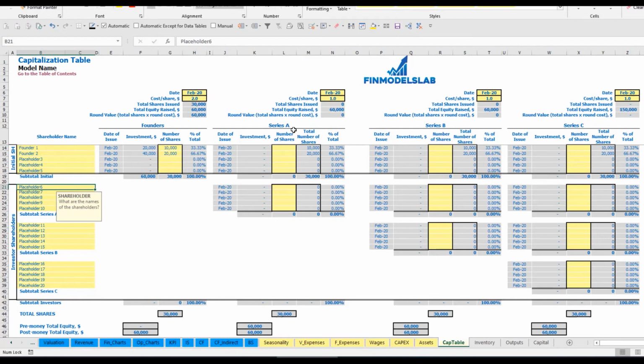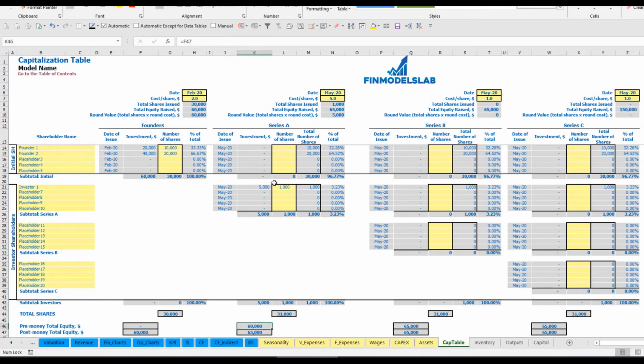So let's pretend that for Series A we have 1 investor and the date of issuance is May, cost per share is $5 per share and number of shares is 1,000. So total amount of investment will be $5,000.